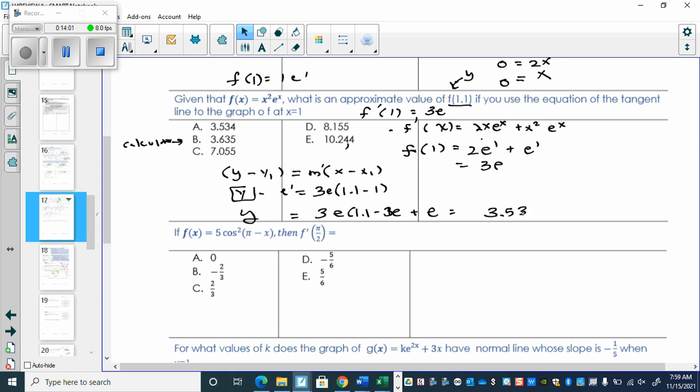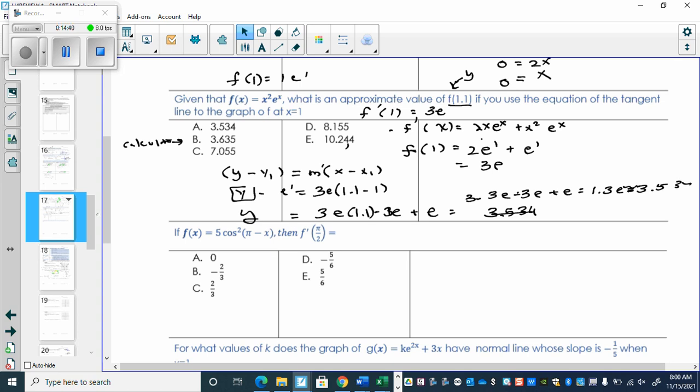Oh, my bad. Let's see here. That's 3.3e minus 3e plus e equals, let's see, 1.3e, which equals approximately 3.534.